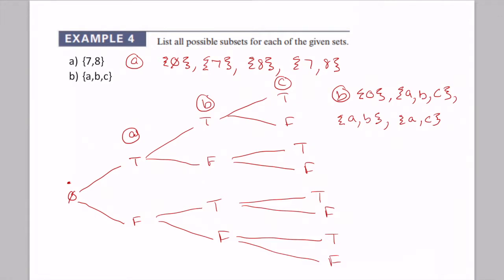And finally, we're going to do true for A. So we continue. Now we have false for A. So it's true for B and true for C. And then we have true for B but false for C. And then we have false for A, false for B, but true for C. And false for everything, so that would be nothing, the empty set.